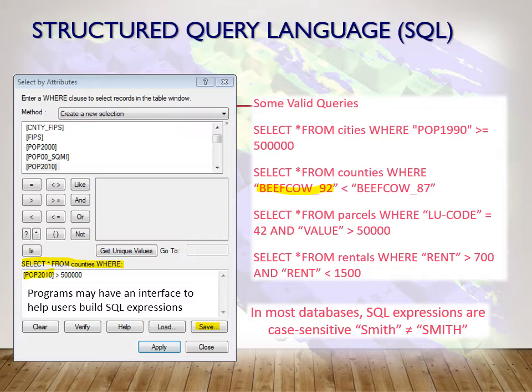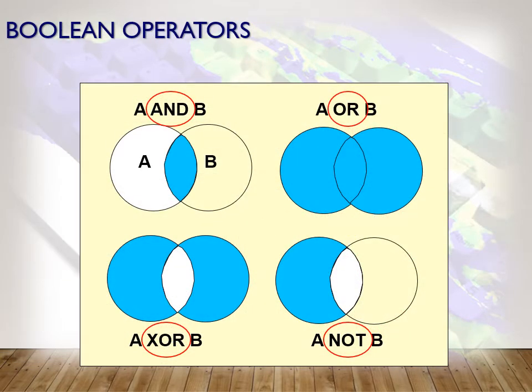I used to save a lot of my queries. But you've got to be careful. You're going to be using either your relational or your Boolean operators, and it's case sensitive most of the time. So let's talk a little bit more about Boolean operators.